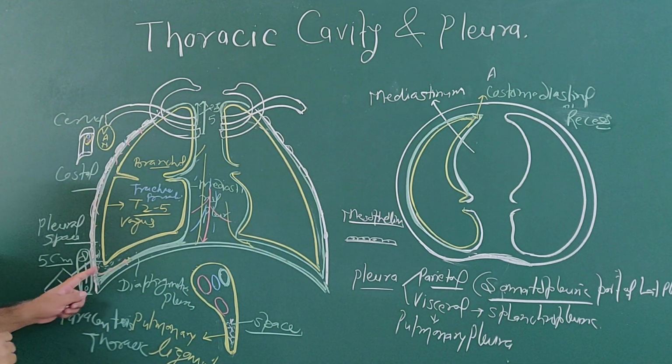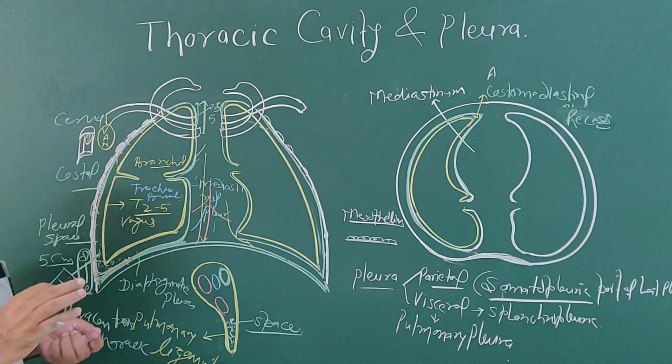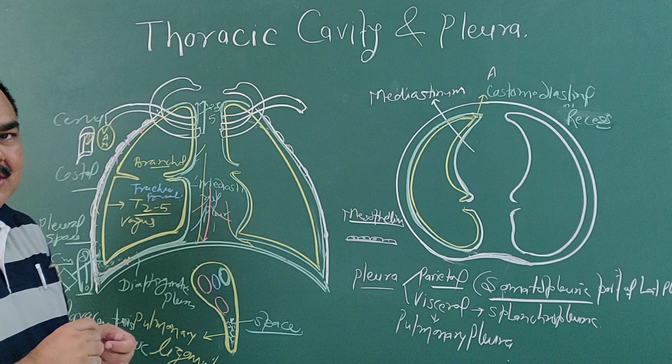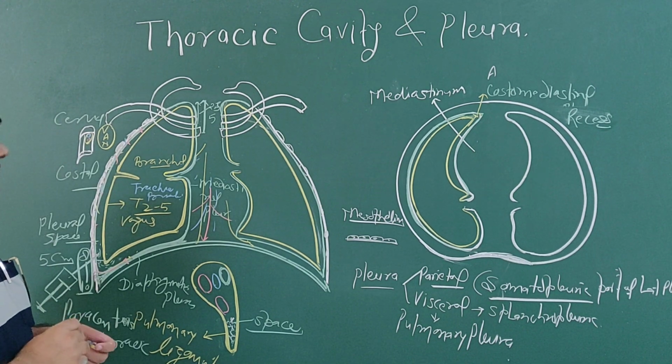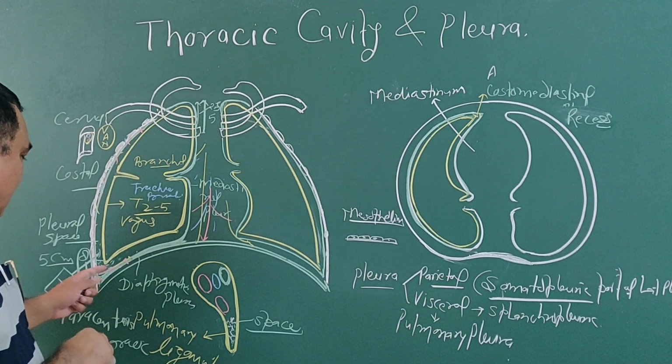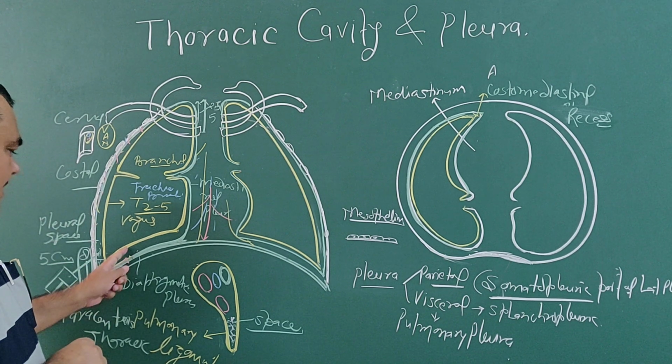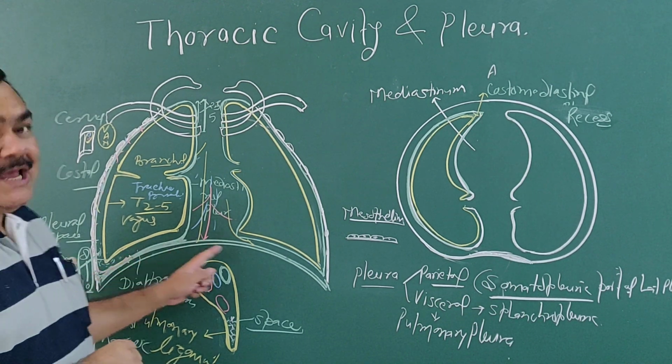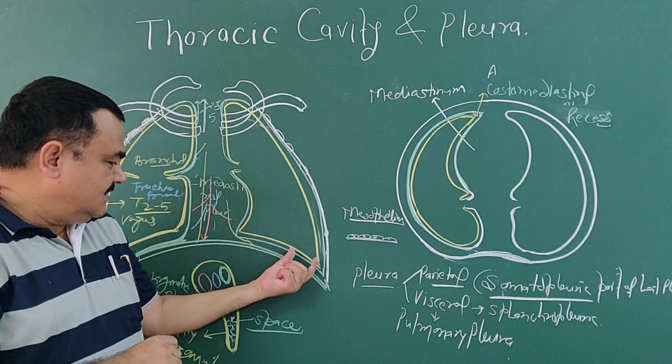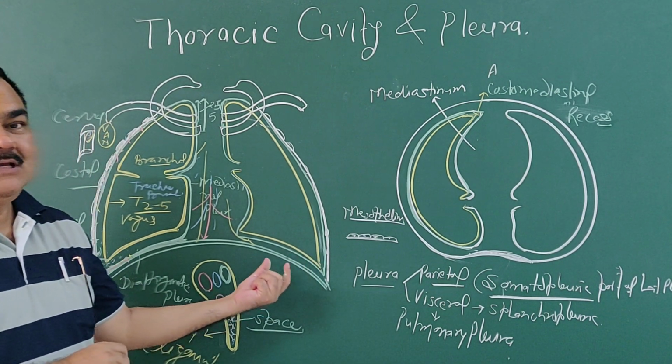Here is clinical importance: pleural effusion, pleurisy, empyema. These are the clinical conditions associated with this. Here, pneumothorax, hydropneumothorax. If air is here, pneumothorax.